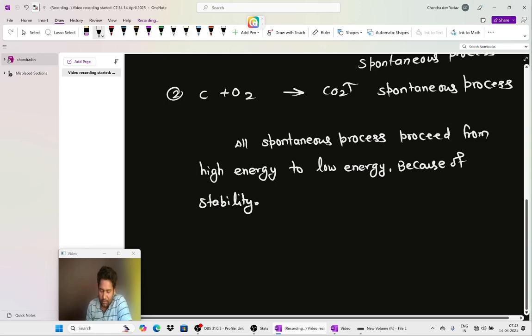This is a good example to explain the relation between stability and energy.